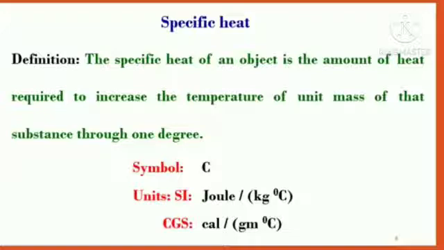Specific heat is represented by the symbol C. Its unit in SI is joule per kilogram degree Celsius and in CGS is calorie per gram degree Celsius.